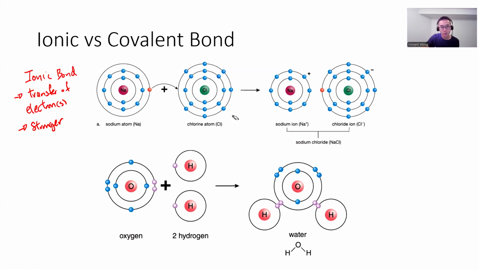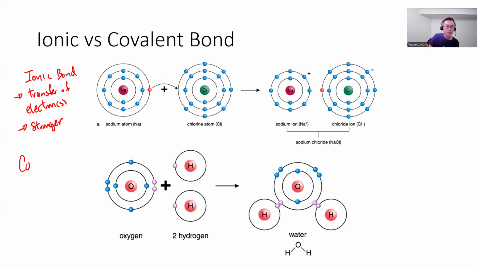When the sodium reacts with the chlorine, the sodium donates an electron to chlorine, and that's why sodium becomes positive, because it lost an electron. And chlorine, having picked up that extra electron, is going to be negative now. So this transfer of electron creates a glue, a chemical bond that holds them together.